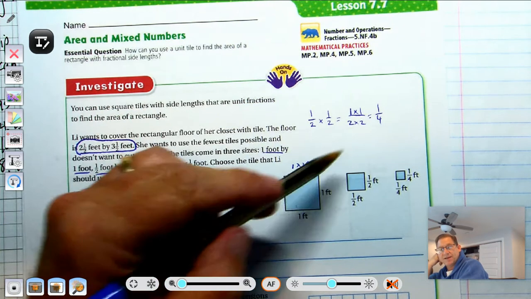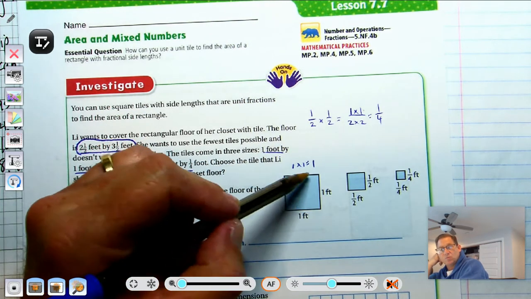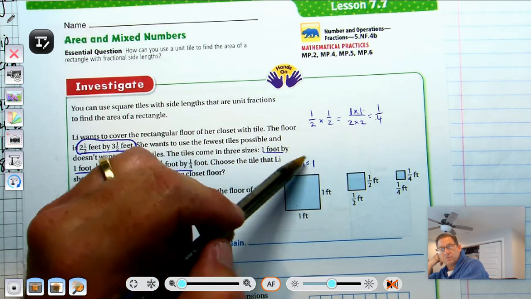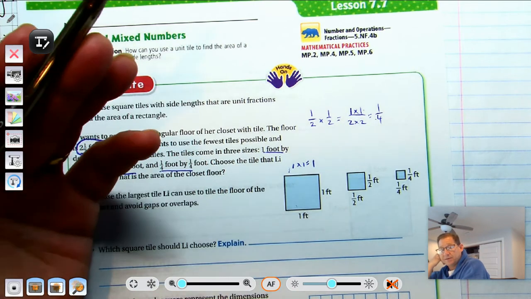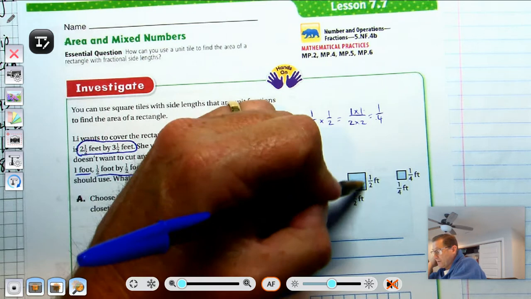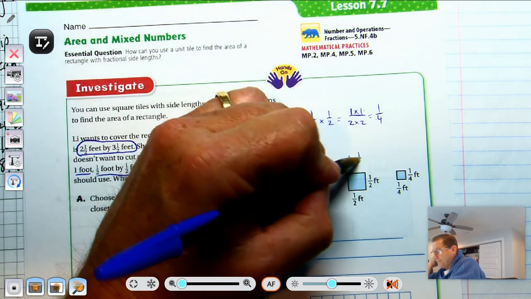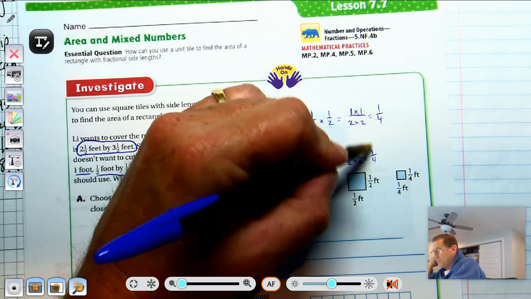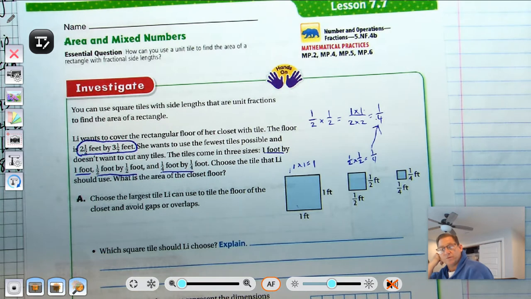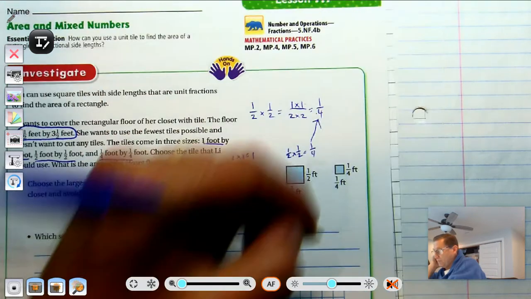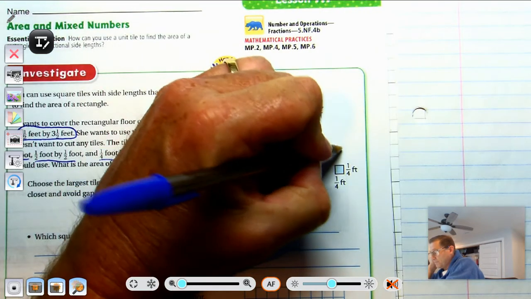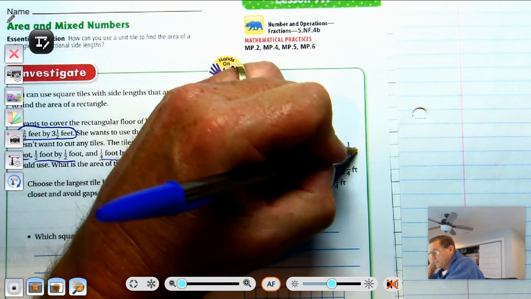That's going to be way too big. I can't cover a fourth with a 1 without cutting it. It's going to overlap. Now 1/2 times 1/2, well, that is what I want, right? I want 1/4 size pieces. And then 1/4 times 1/4, I'd get 1/16.